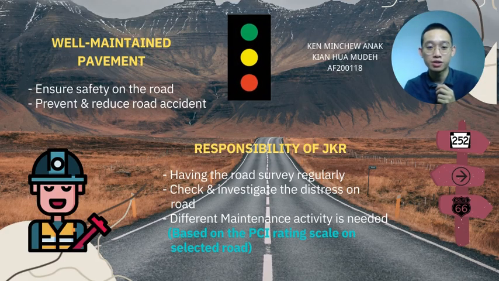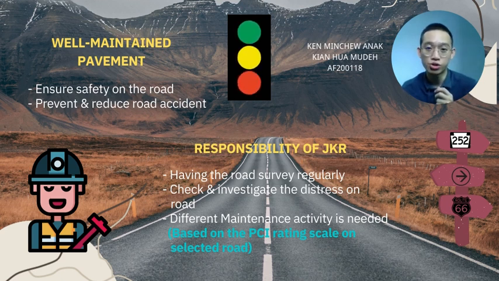Next, the selected pavement in this research is considered an essential road for pavement users, especially the residents who live nearby the study area in Lebu Spar, Sungai Udang. Therefore, a well-maintained pavement is a must to ensure the safety of the pavement users passing through the roads, as well as to prevent and reduce any accidents along this pavement in future.